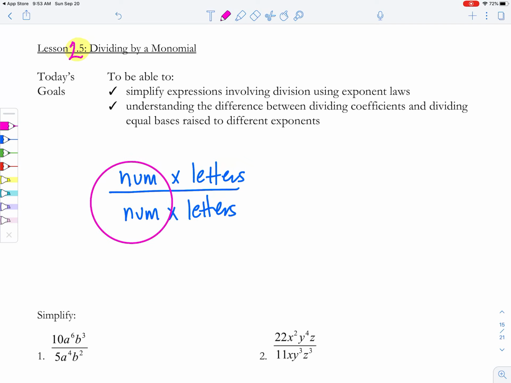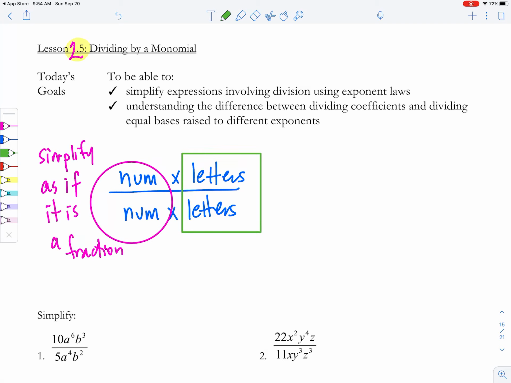And when we're looking at the numbers, we take them on their own and simplify as if it is a fraction. And when we're looking at the letters, we will simplify using the exponent rules.